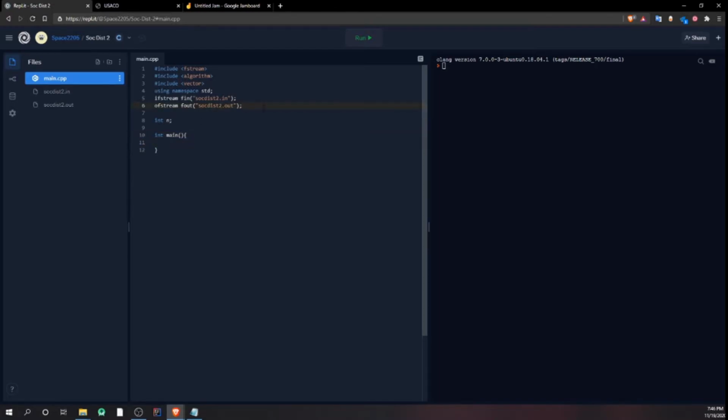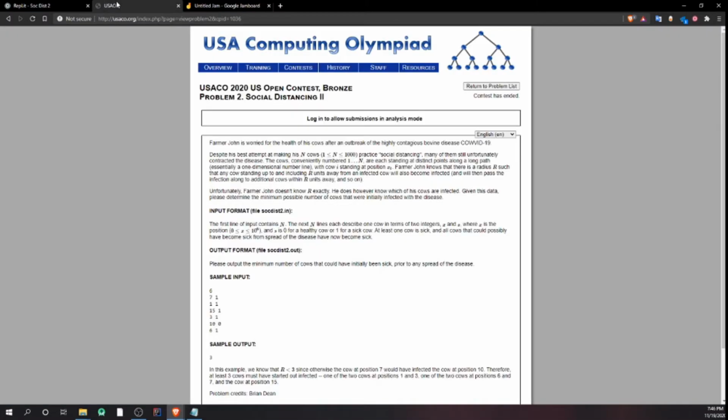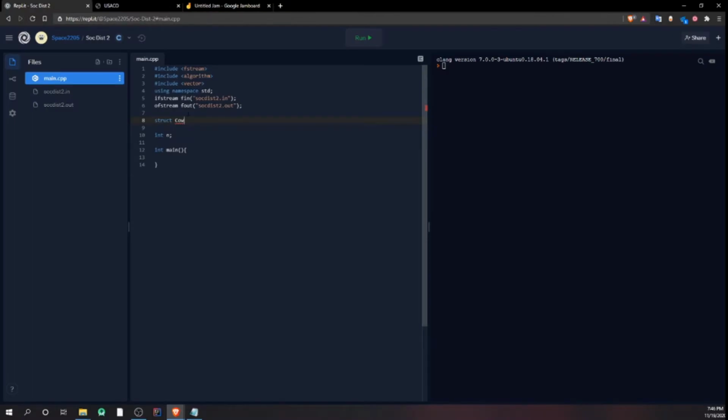What I'm also going to do is create a structure, kind of like a class in Java. So it's going to be struct cow. I think this will help us with sorting based on the position and not based on sickness. So struct cow, and we get a position and whether it's sick or not. I'll just keep that as an integer, and that's our struct.